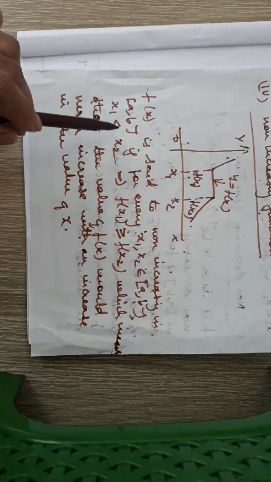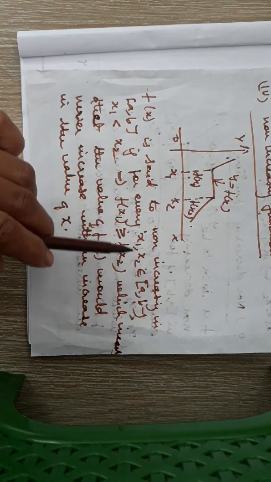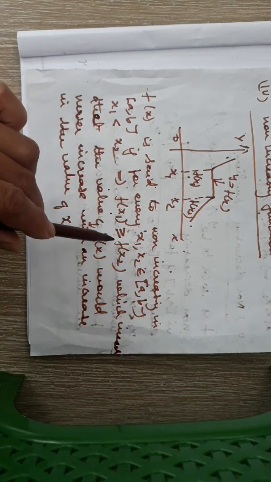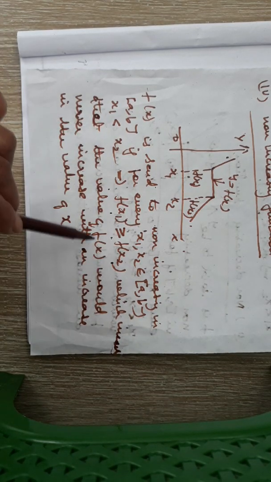So non-increasing function means that it is a decreasing function. f(x) is said to be non-increasing in closed interval [a, b] if for every x1, x2 belonging to [a, b] with x1 less than x2, it implies that f of x1 is greater than or equal to f of x2, which means that the value of f(x) would never increase with an increase in the values of x.